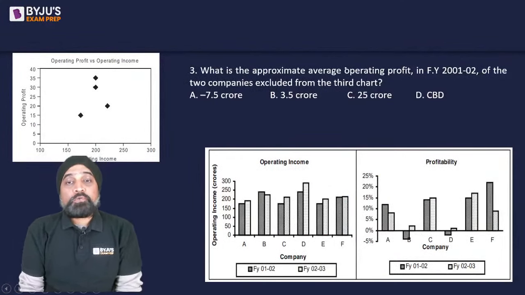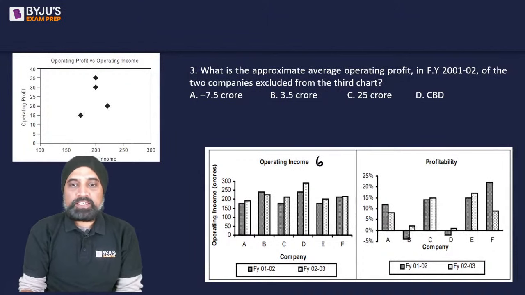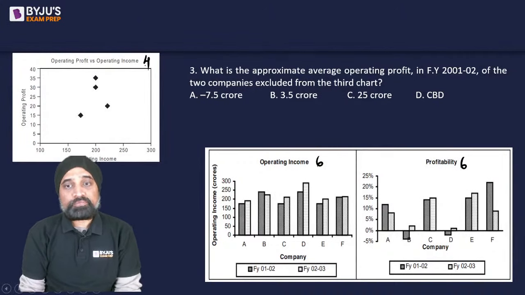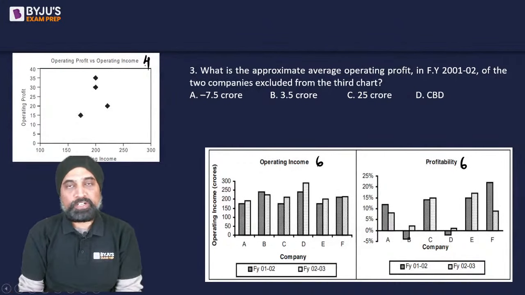Third, what is the approximate average operating profit in fiscal year 2000-2002 of the two companies excluded from the third chart? So there are a total of 6 companies here, right? And there are only 4 companies here. So we need to find out the approximate average operating profit.